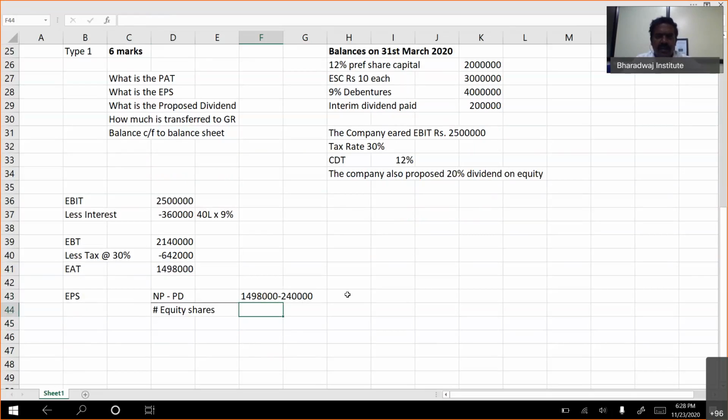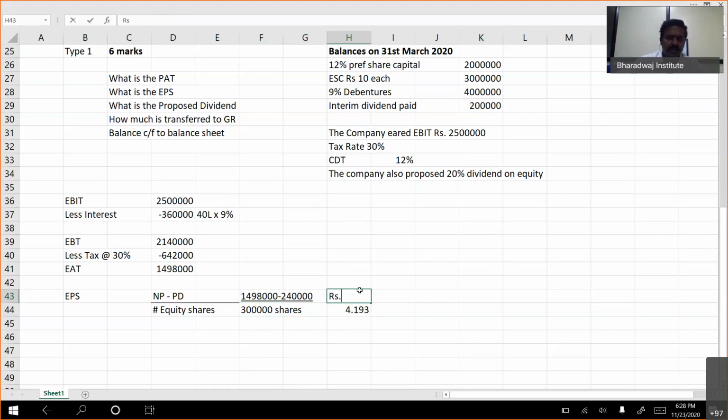This is divided by number of equity shares: 30 lakhs by 10 gives 3 lakh shares. So 14,98,000 minus 2,40,000 divided by 3 lakhs. What is the EPS you are getting? 4.193. This is the earnings per share.